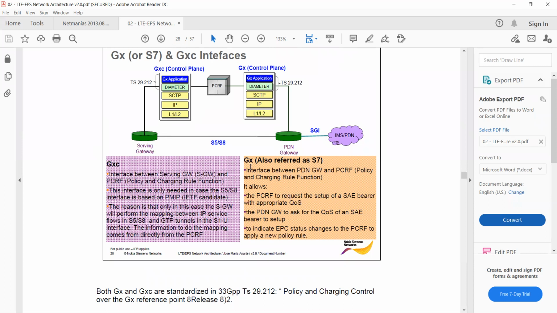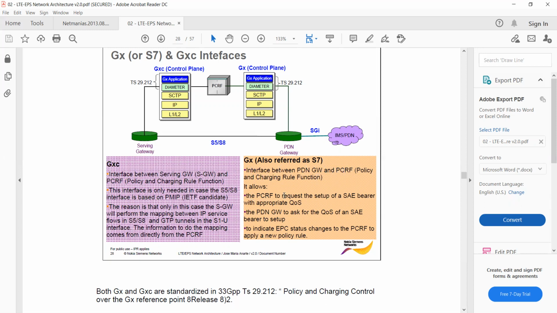It is the interface between the PDN gateway and the PCRF, the policy and charging rule function.